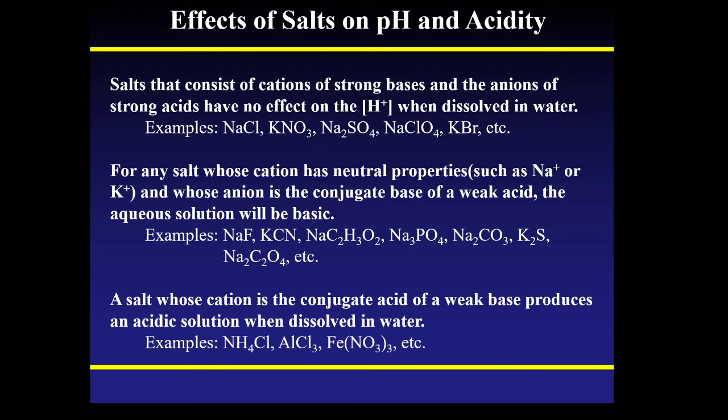But other ions getting into the water system could change the effect on the pH of the solution and so on. So for any salts whose cation has neutral properties, such as sodium positive or potassium, and whose anion is the conjugate base of a weak acid. Okay, so now we got to go back to our weak acids.